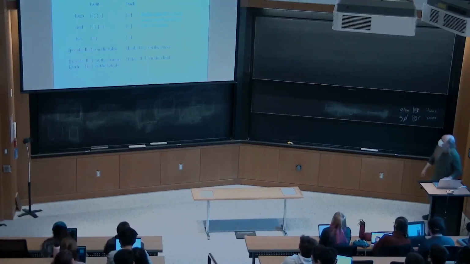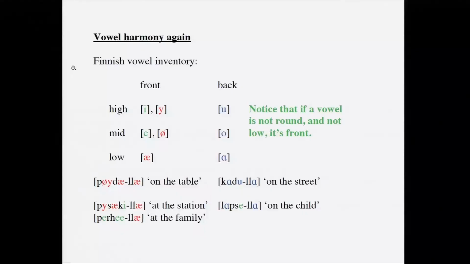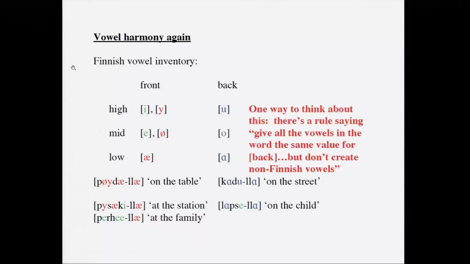Just to summarize that again, if a vowel is not round and not low, then it is front. So one way to think about what's going on in these suffixed versions at the bottom is to say there's a rule saying, give all the vowels in the word the same value for back.